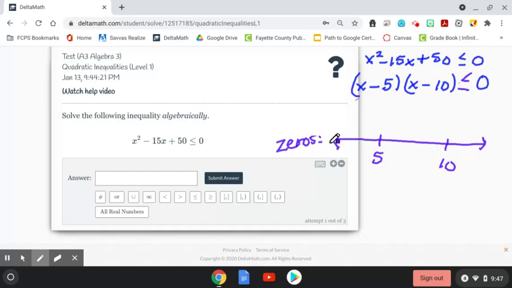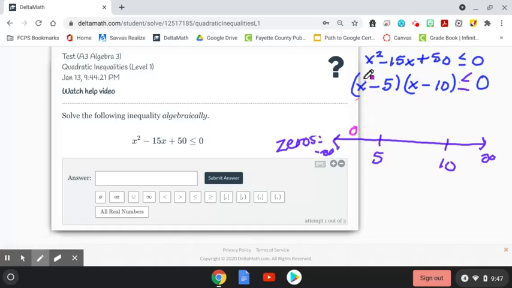So this is a number line. It goes on forever to negative infinity and on forever to positive infinity. I've got it divided into 3 intervals: from negative infinity to 5, from 5 to 10, and from 10 to infinity. I can pick any number in between negative infinity and 5. Let's go with 0.